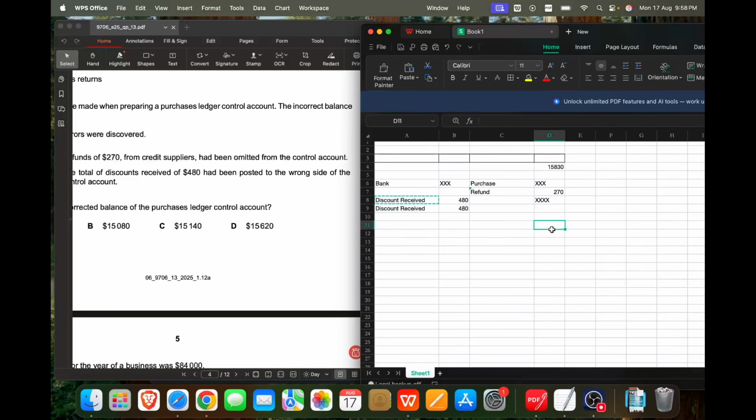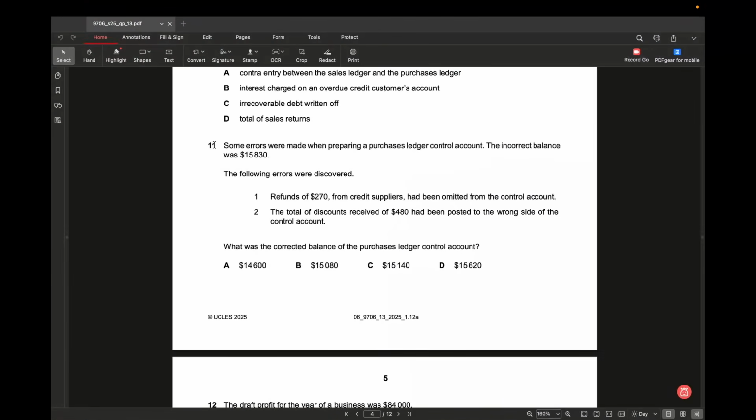Now let's balance this. On this side we are getting the difference, 15,140. So this should be my correct balance out here, 15,140. Correct answer for 11 is C, 15,140.